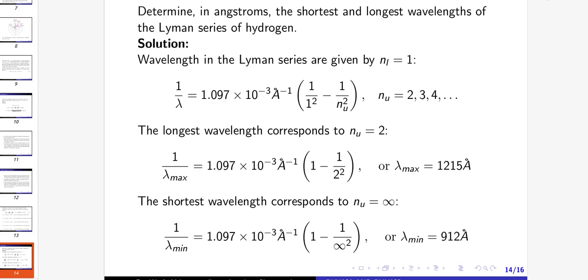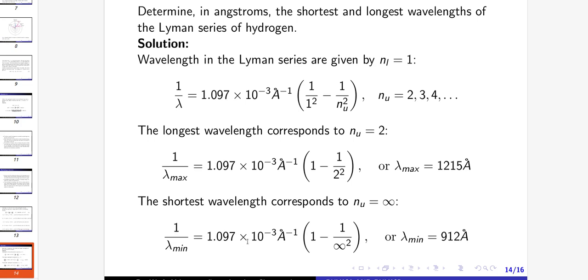Then the shortest wavelength is obtained at NU equals infinity for all of them, for all the Lyman, Balmer, Paschen, Brackett, and Pfund. So you say 1 over 1 squared, which is 1, minus 1 over infinity squared. What is infinity squared? Infinity. 1 divided by infinity is 0. 1 minus 0 is 1. 1 multiplied by this gives you the same value.